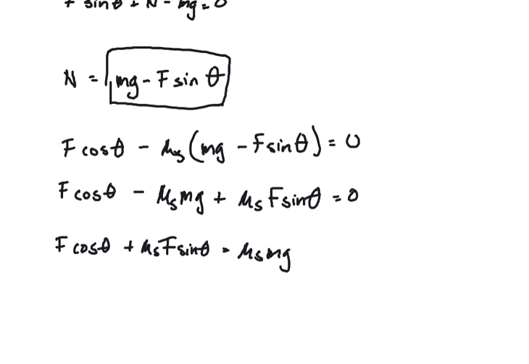And I can factor out the f from these two terms, cosine theta, sine. And I'm going to run out of room on my whiteboard. Wait, no, I'm not. I'm good. Okay.